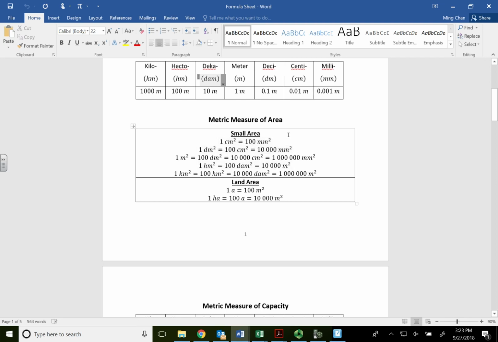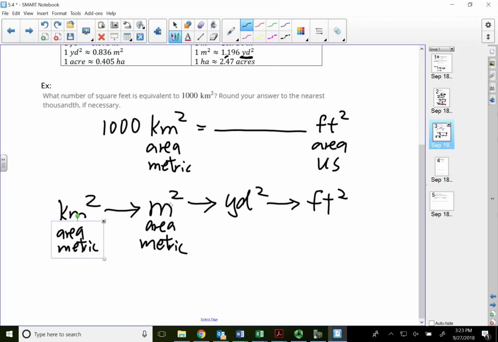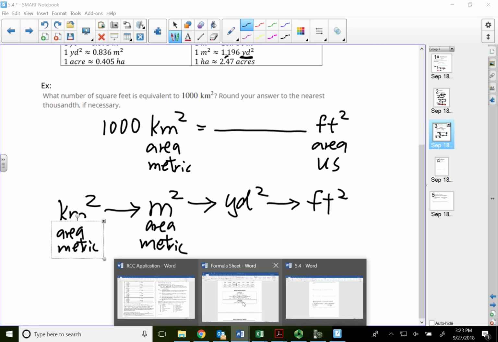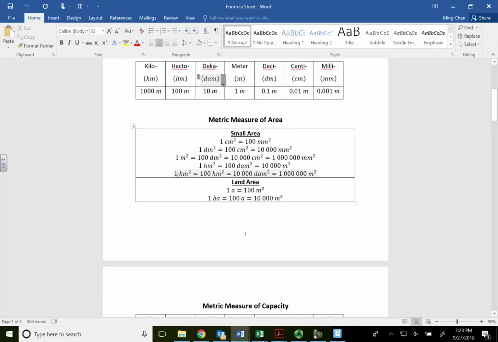That will be right here. Square kilometer needs to take me to square meter right here, which is a 1 to 1,000 ratio.